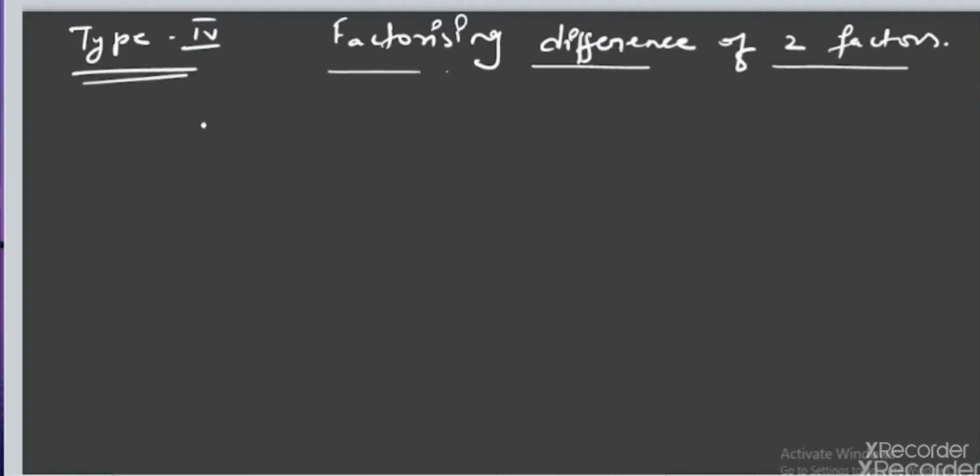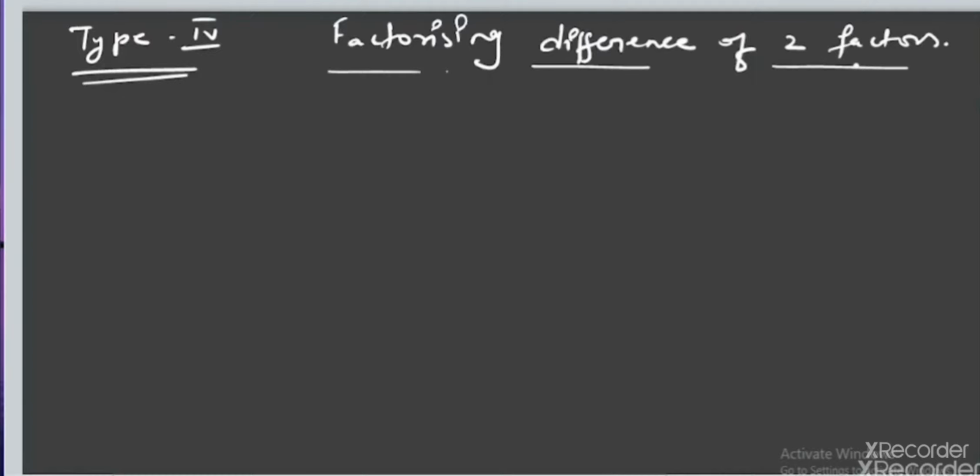Students of classes 6 to 9 can avail these classes and benefit from them, because they can clear their concepts regarding factorization. Beginners can come out with this part 1. Part 2 will come after this part 1, and it will be completely for class 9 students. So here we are ready with type 4, which is factorization of the difference of two squares.